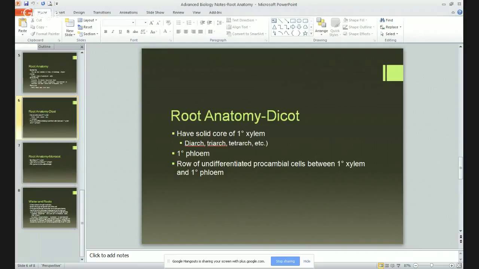Okay, so you've got that solid core of primary xylem. The cells in the middle of that tetrarch are your metaxylem. And then I've drawn smaller cells in the actual arms.